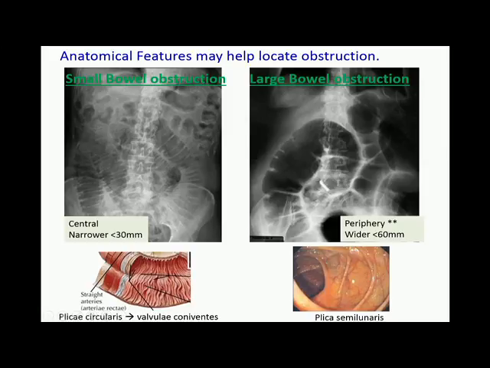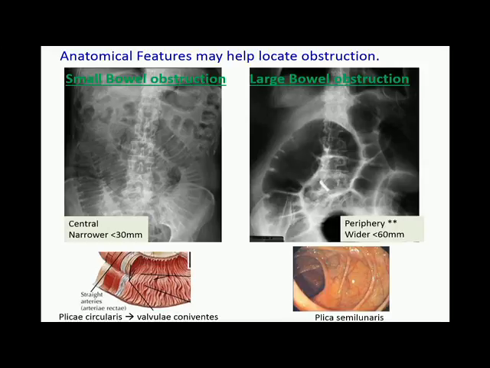Radiologically, these lines are called valvulae conniventes, and they are due to the plicae circularis. So if you see this transverse line from one end to the other, right across the width of the intestine, that is the small intestine.